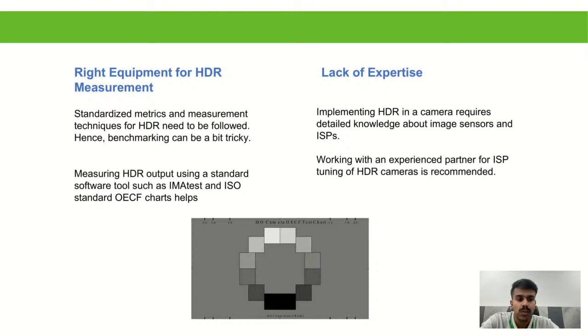For example, a standard tool like Imatest can be used for analyzing the image quality from the sensor as well as ISP after the tuning. And we can capture multiple different dynamic range images using a standard ISO chart called OECF. So these are some of the equipment that can be used for tuning the ISP to a particular level.